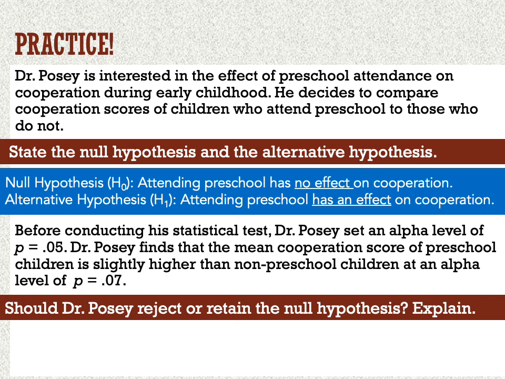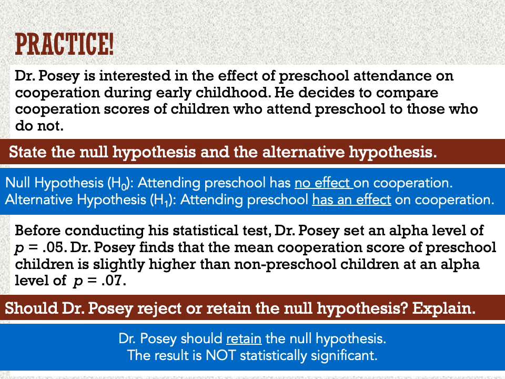All right. In this scenario, Dr. Posey should retain the null hypothesis. The result is not statistically significant. Remember, his criteria was 0.05, and you want the result to be less than that. So his result was 0.07, so it doesn't meet the criteria.